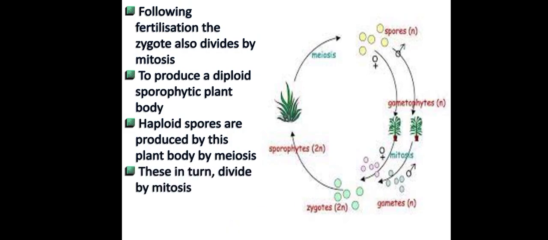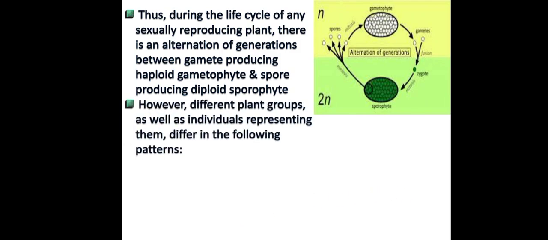Then it divides by mitosis to form a haploid plant body once again, and this life cycle goes on and on. Thus, during the life cycle of any sexually reproducing plant, there is an alternation of generations between the gamete producing haploid gametophyte and the spore producing diploid sporophyte. However, different plant groups, as well as individuals representing them, differ in the following patterns.